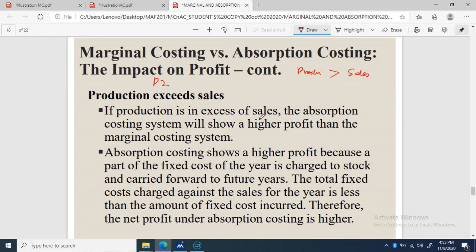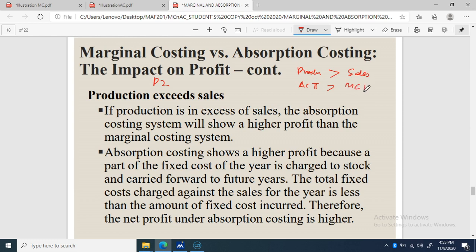So if production exceeds sales, the absorption costing profit will show a higher profit than the marginal costing system. Absorption costing shows the higher profit because of what? Because the fixed cost of the year is charged to the stock and carried forward for future years.